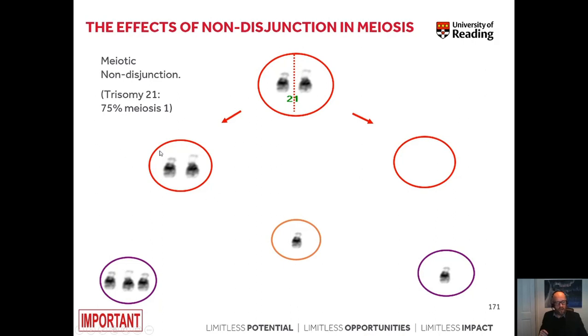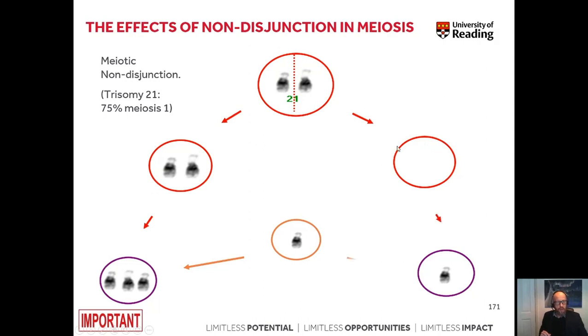If those cells now fuse with a normal sex cell, the chromosomal configuration for this chromosome is actually 3. So we have one additional copy of the chromosome because they haven't been equally distributed during meiosis.